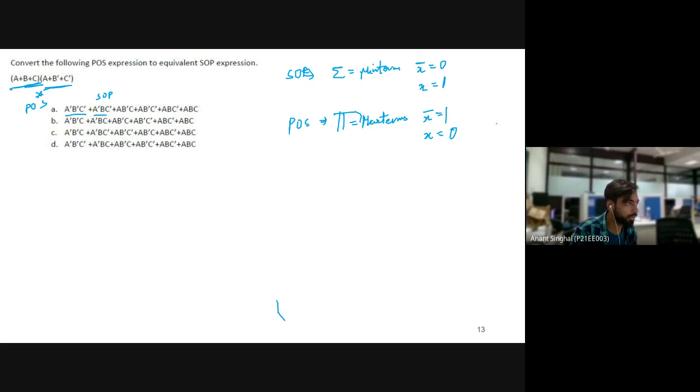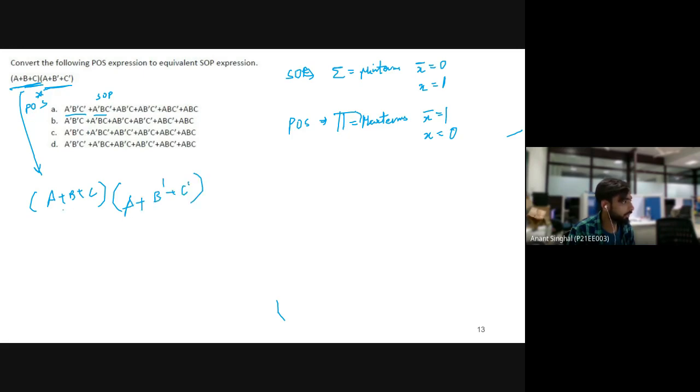So what I was telling is that in POS, bar denotes 1 and the normal term denotes 0. So we can directly convert this POS into SOP. We can check which integers this is representing. It is given as A plus B plus C multiplied with A plus B bar plus C bar.